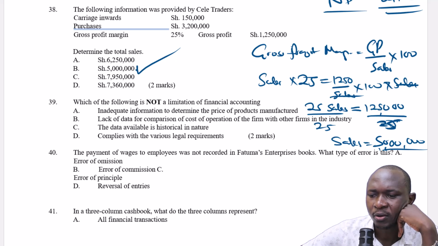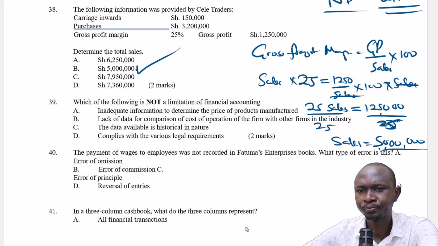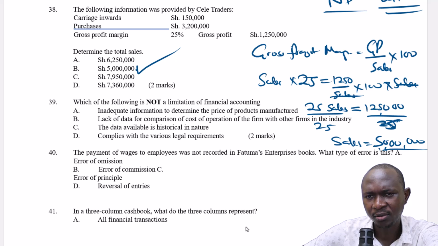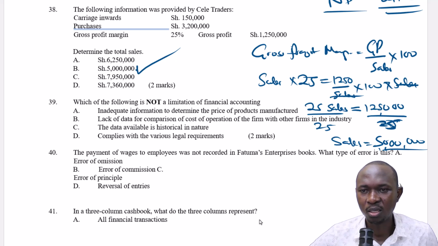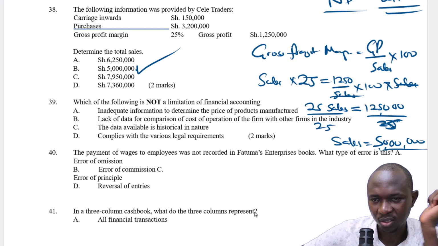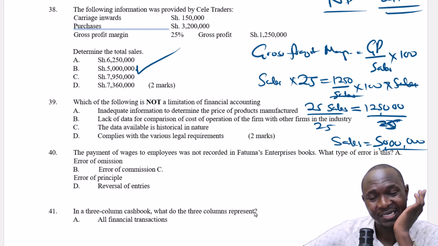And by the way, you can also work like carriage inwards, purchases, sales minus carriage. But that one may not give you the correct answer because we don't have closing stock, we don't have opening stock. I think let's just stick to the gross margin way, what we have just worked with. So that's the correct answer.